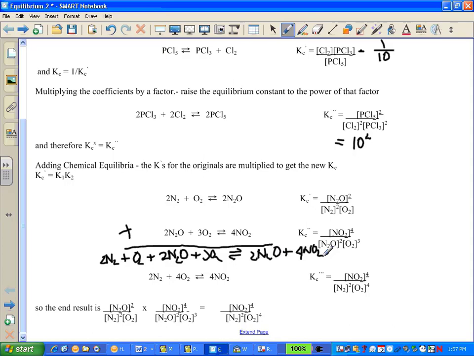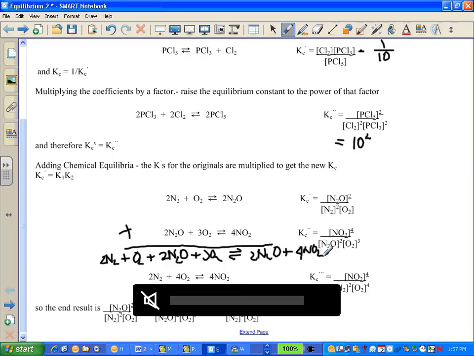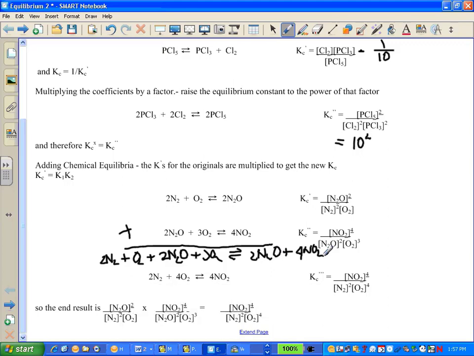Once we've combined the reactions like we just have, we're going to group like terms. This is essentially the same as adding two linear equations, or mathematical equations. So the O2 and the O2 will combine to make the 4O2.